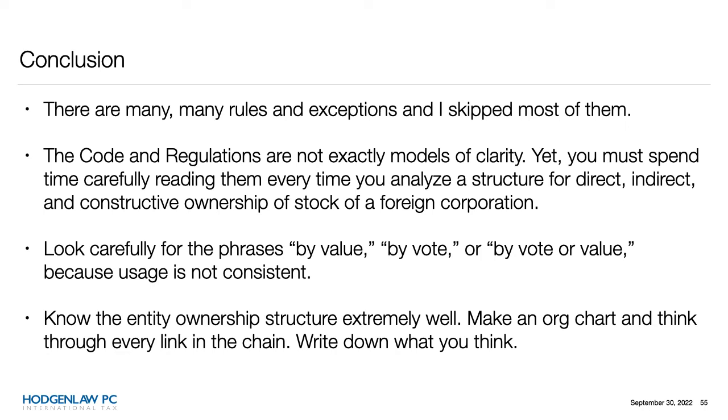Then you can start to annotate that diagram, and you can stick it in the file, and you'll always know that you've done the Form 5471 calculations correctly for how many shares your client owns for constructive ownership, for indirect ownership. That, to my mind, is the key, and this is the takeaway I give to you.